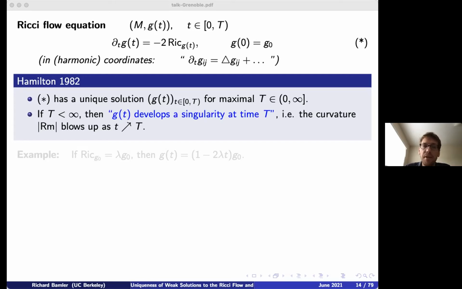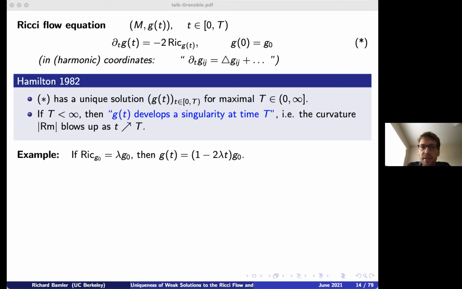And in this case, we say the solution develops a singularity at that time. And this can be detected by the fact that the norm of the Riemannian curvature blows up as we reach that time.